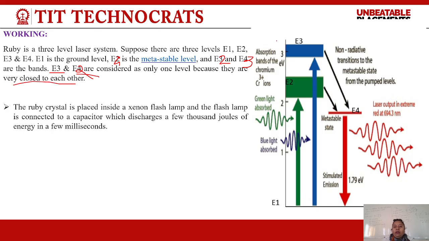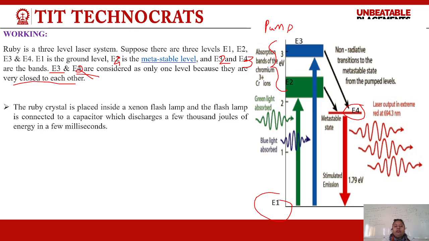So we can treat E3 and E2 as a pumping state or a simple excited state. You people know that first our ions or active centers go to the pumping state. So E3 and E2 are the pumping state, and they are very nearby. That's why they are known as an excited state or a pumping state. After that, E4 is our metastable state, and E1 is our ground state for the chromium ions.